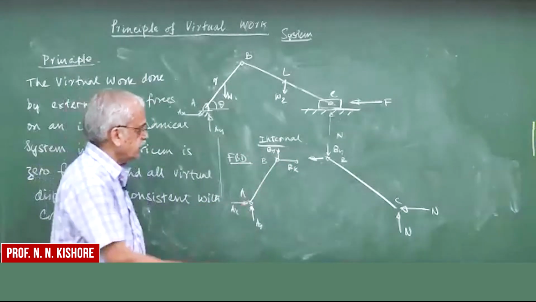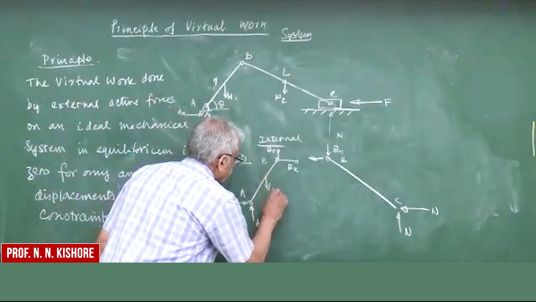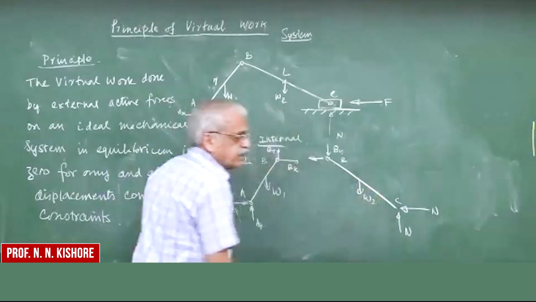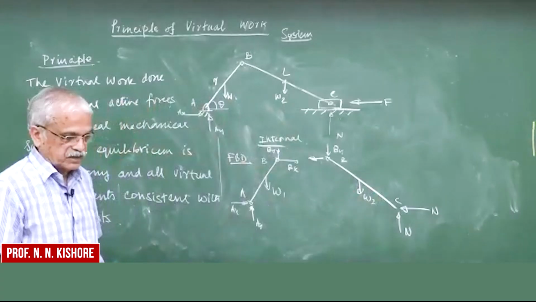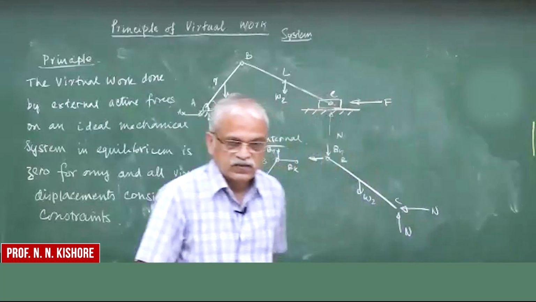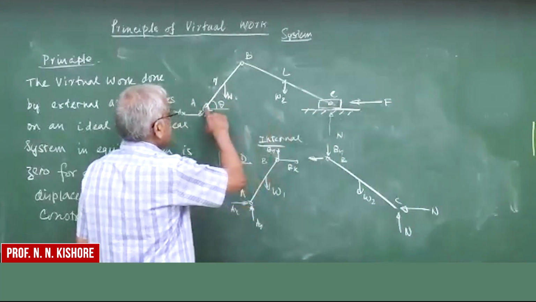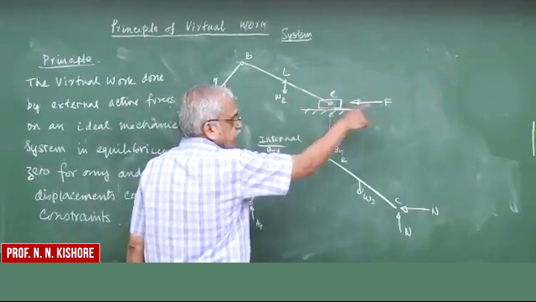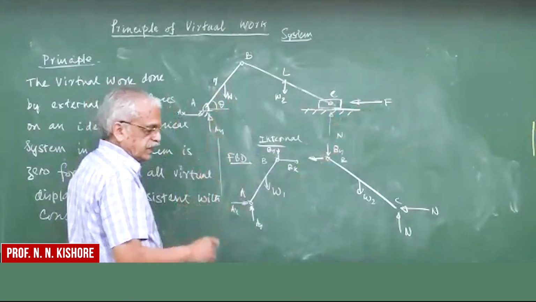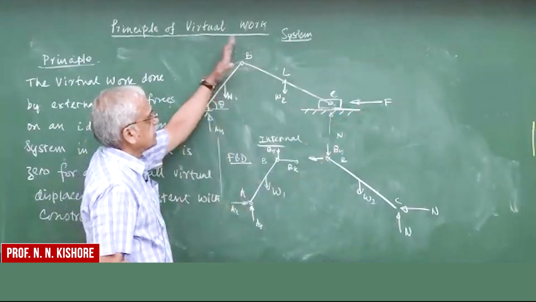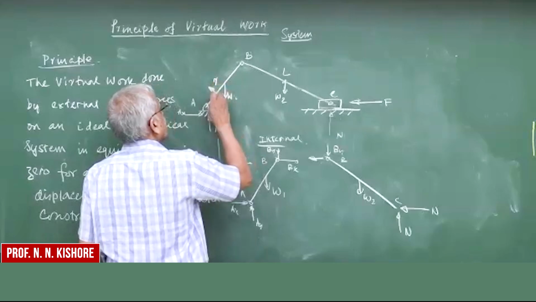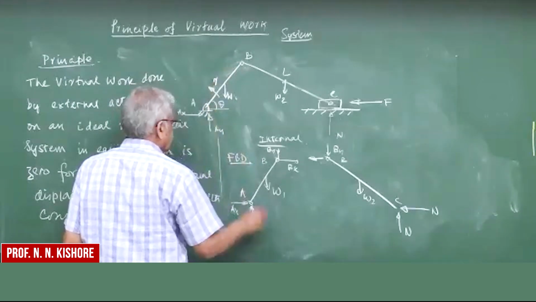So what is the work done then? Well, there is a W1 here and W2 here. What is the displacement which we can apply here, consistent with the constraints of the system? The constraint of the system is that it has to rotate here. This point C has to move. So the only thing is this can rotate by a small angle here.